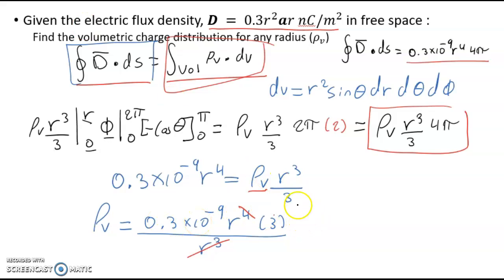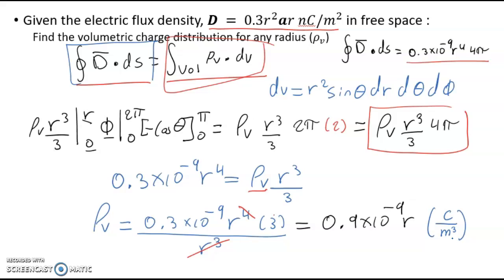So the result is going to be 0.9 times 10 to the minus 9 times radius, only that. And the result is going to be given in coulombs per cubic meter.